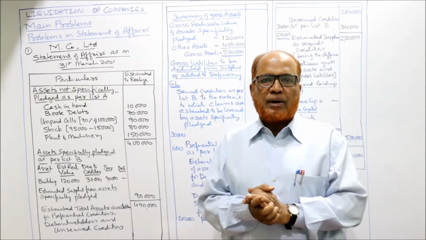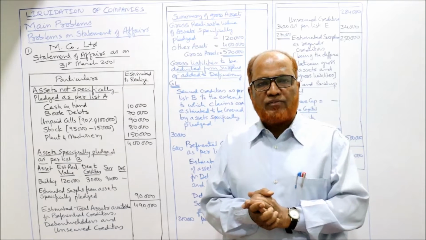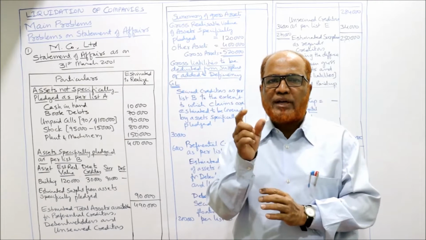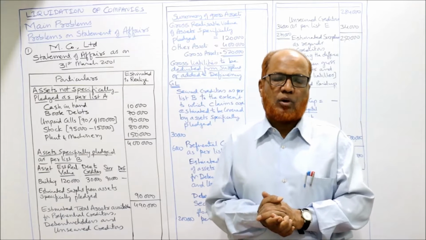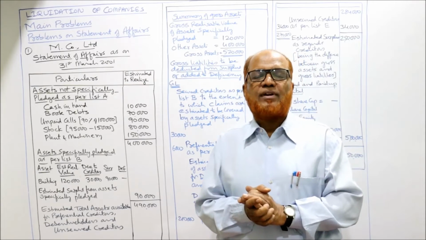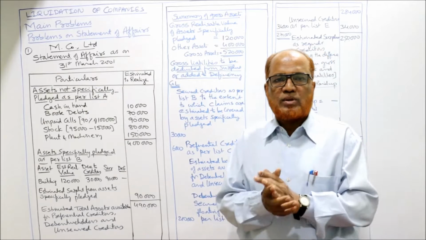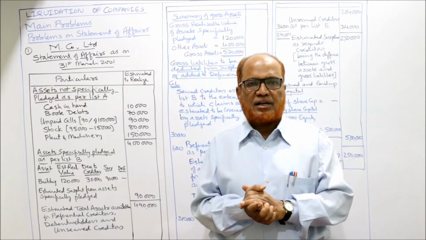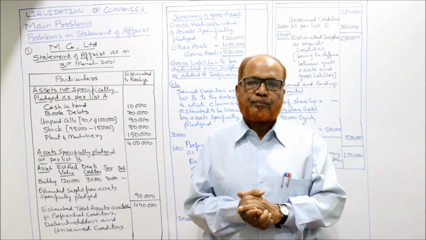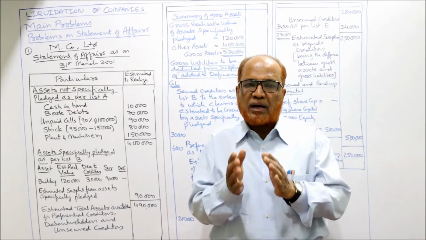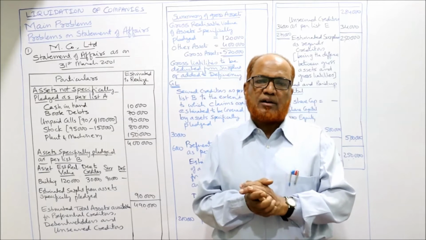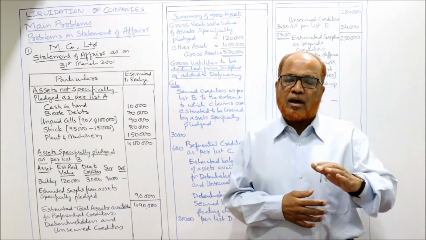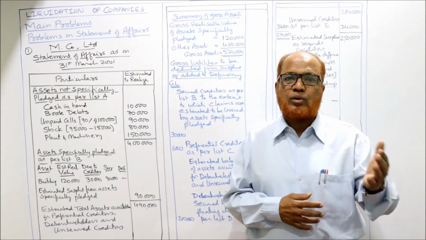The statement of affairs will be prepared by the company, by the directors, secretary or chief officer of the company, and it should be presented to the liquidator within 21 days from the date of the winding up order. It should list the assets which are not specifically pledged, the assets which are specifically pledged with creditors, and the liabilities due to fully secured creditors, partly secured creditors, preferential creditors, debentures having a floating charge on all the assets, unsecured creditors, and the amount due to preference shareholders and equity shareholders.